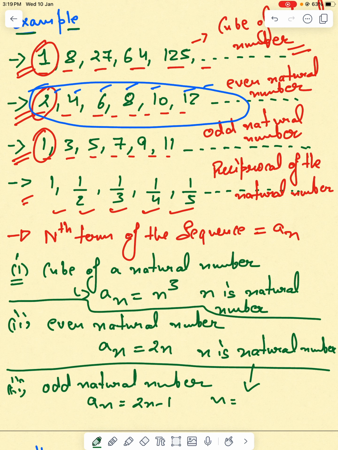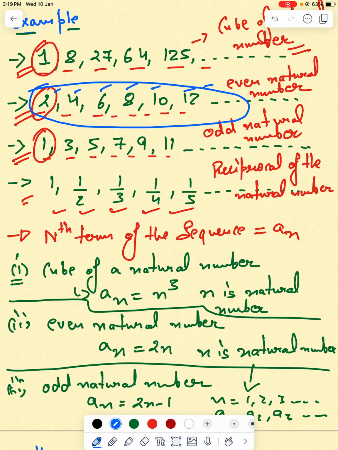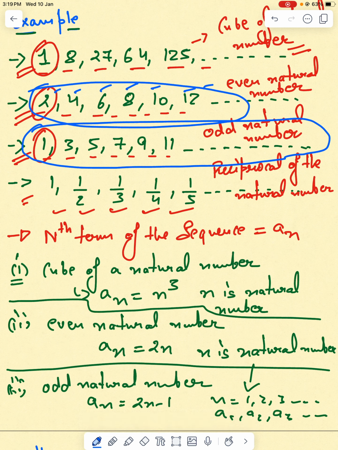If you put n equals 1, 2, 3, again you will get a1, a2, a3, and so on. So what will you get? You will get this same sequence, right? So this is the way you can form any other term just by applying your mind.